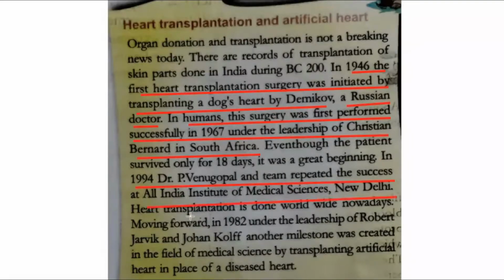Heart transplantation is done worldwide nowadays. Moving forward, in 1982, under the leadership of Robert Jarvik and Willem Kolff, another milestone was created in the field of medical science by transplanting an artificial heart in place of a diseased heart.